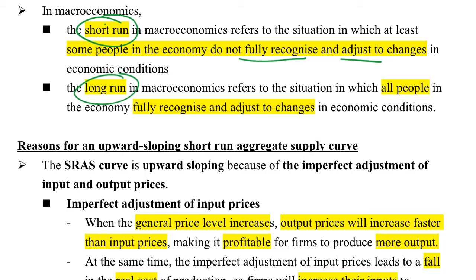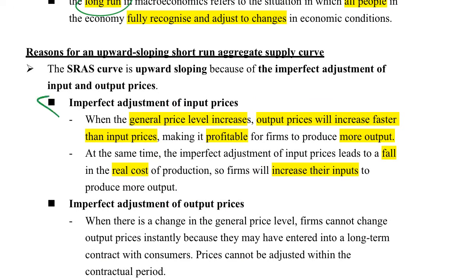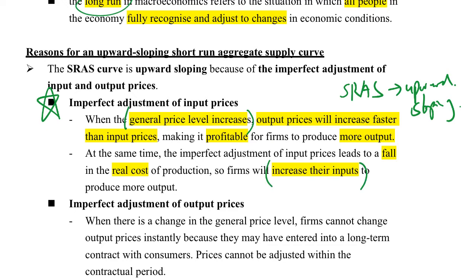Very simple. For here, please try to memorize one of them, because sometimes the DSE will ask you why the SRAS is upward sloping. Memorizing is fine. So remember, start with the change of the general price level and end with the increase in their output.